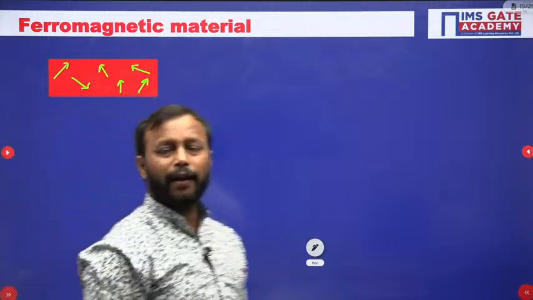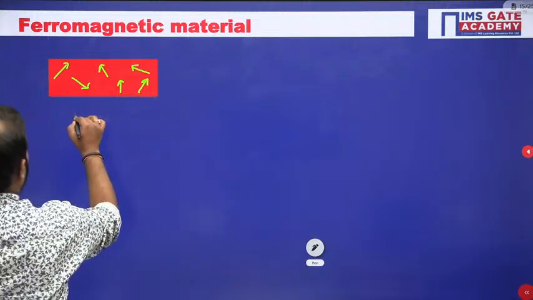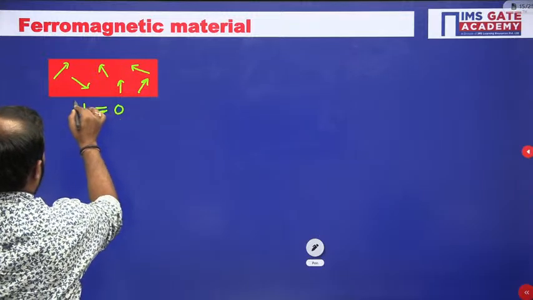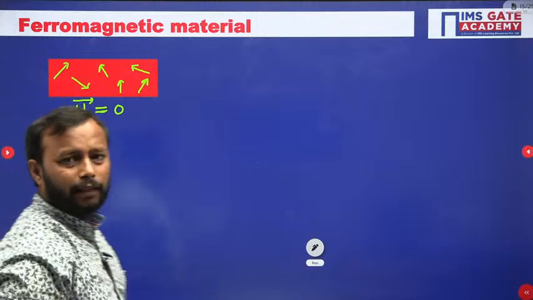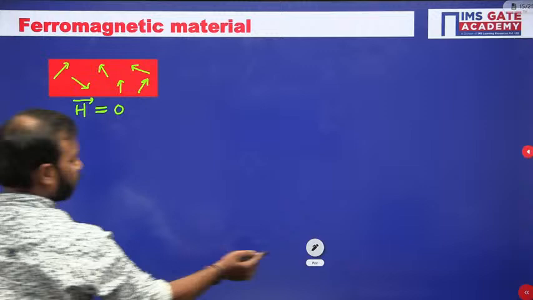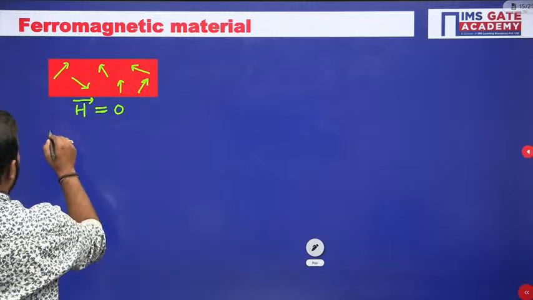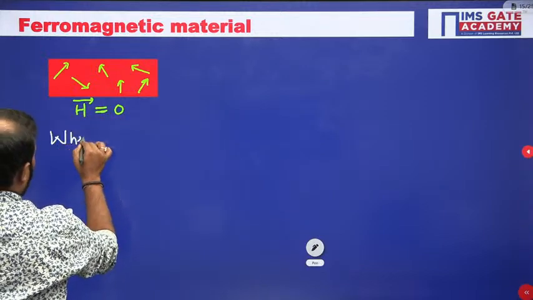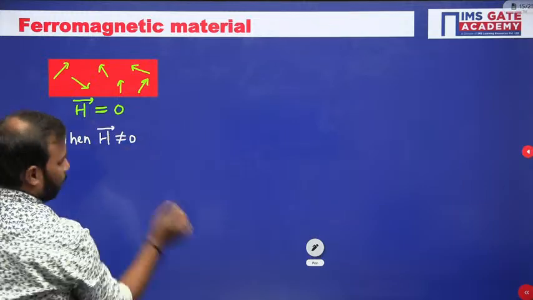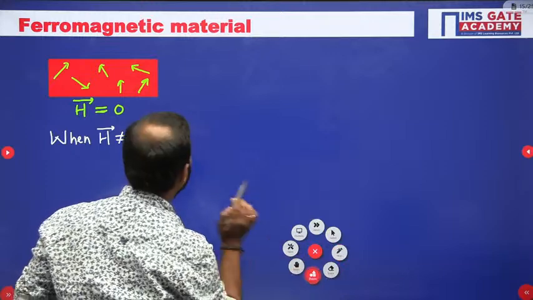So when H is not applied, means H is 0. Now when H is applied, means when magnetic field intensity is applied, what is going to happen to the dipoles? So look at here.